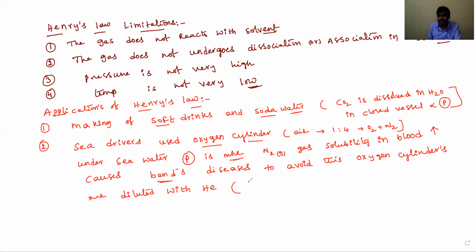In the oxygen cylinder composition, 12% helium is present, 56% N2, and the remaining 32% O2. They dilute with helium because helium is an inert gas and is not soluble in blood.